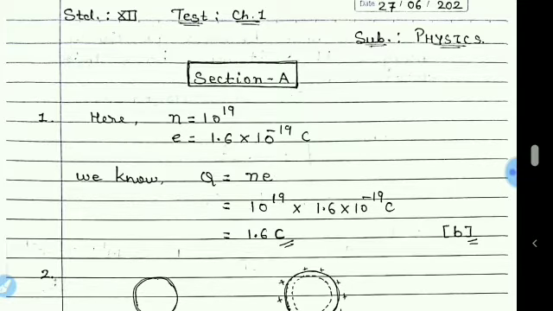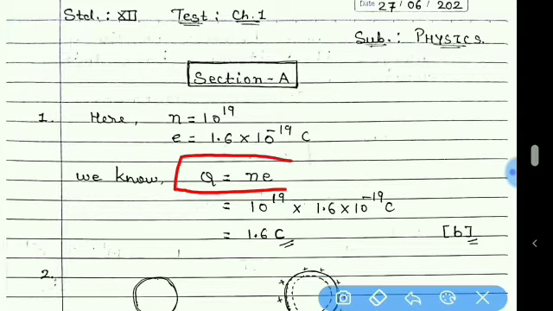So out of the given options, positive is possible, negative is not possible. Now let us find the value of the total charge. We know that Q, that is total charge, is equal to NE.